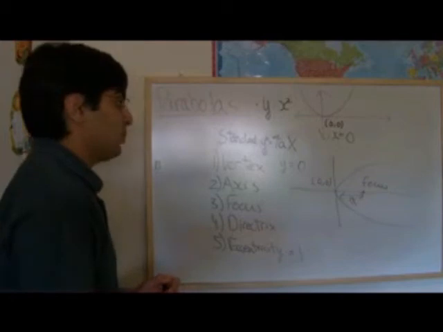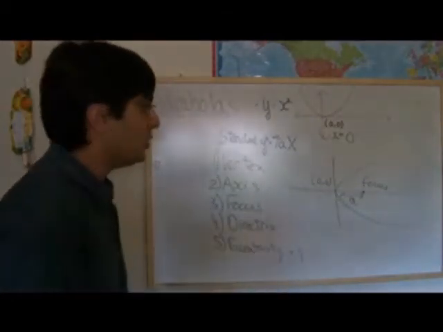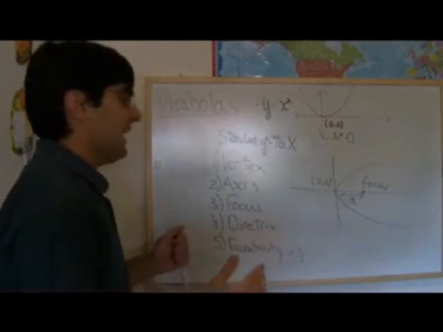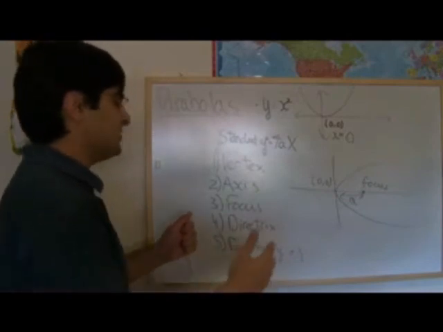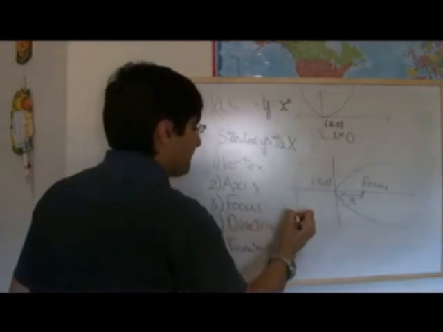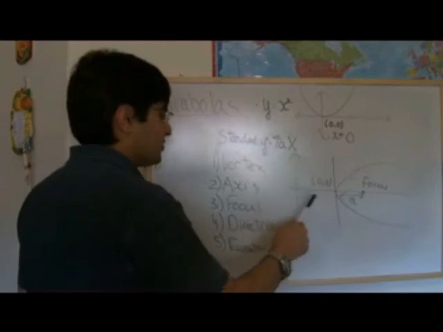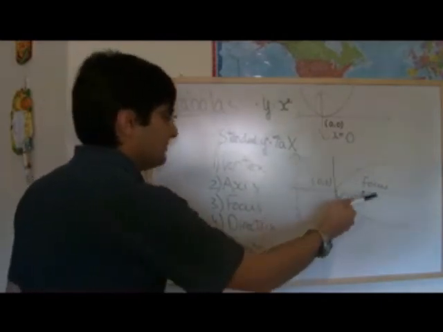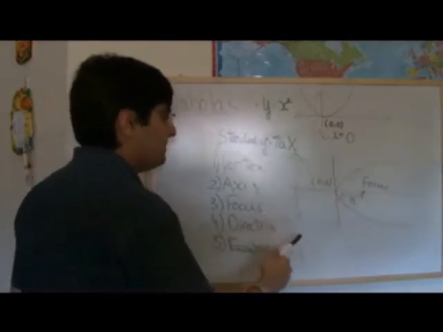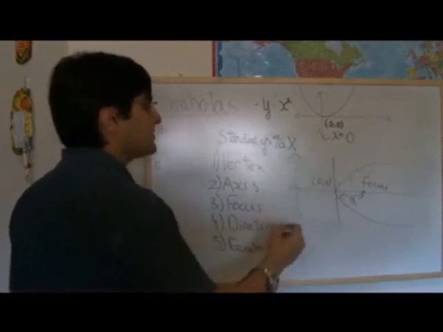What's the fourth feature I look for? It's the directrix. What is the directrix now? The directrix is a line, and I think of it as always being perpendicular to the axis, but being in the exterior of the parabola. So, rough drawing here. Let's say this is our directrix. The directrix is always in the exterior of the parabola, i.e. outside of the U-shape, and it's a fixed line that's a fixed distance from the vertex.